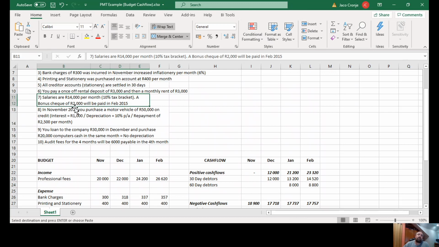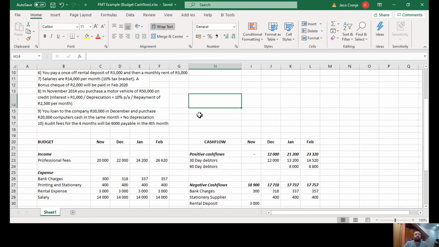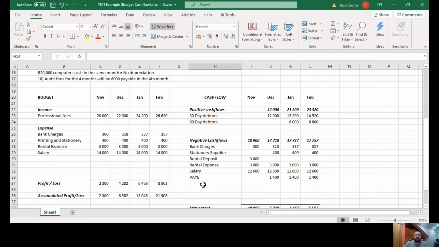Now let's look at the bonus check of 2,000 that will be paid in, let's just make that, February 2020. So we know in February 2020 there's going to be a cash outflow of a bonus of 2,000 Rand.